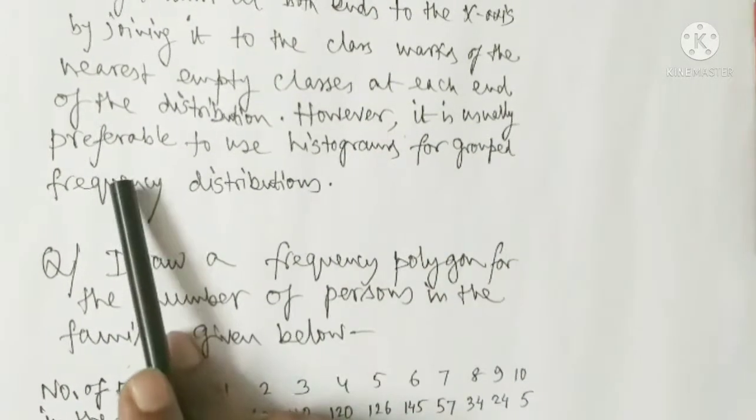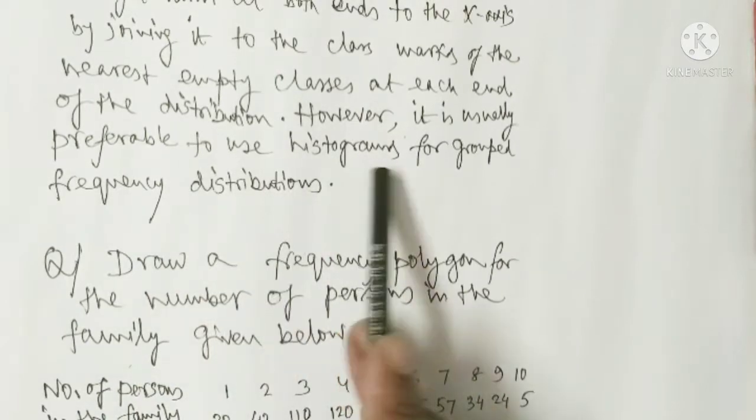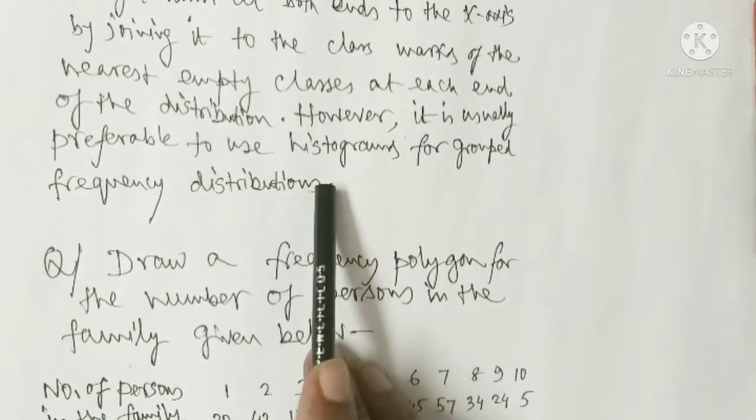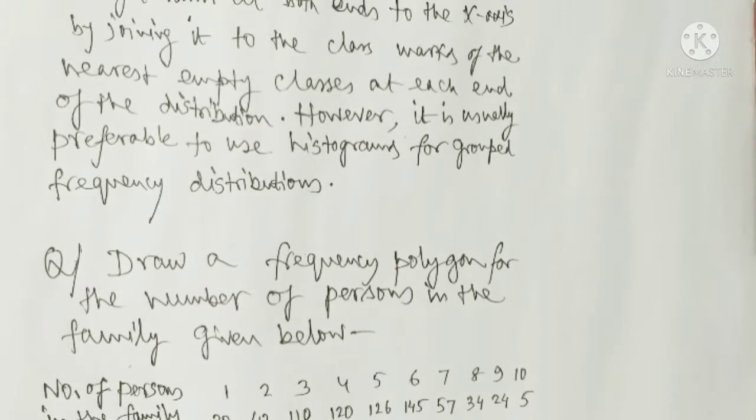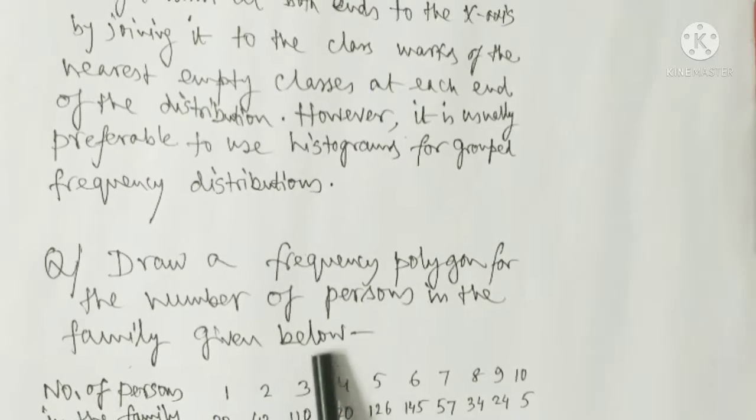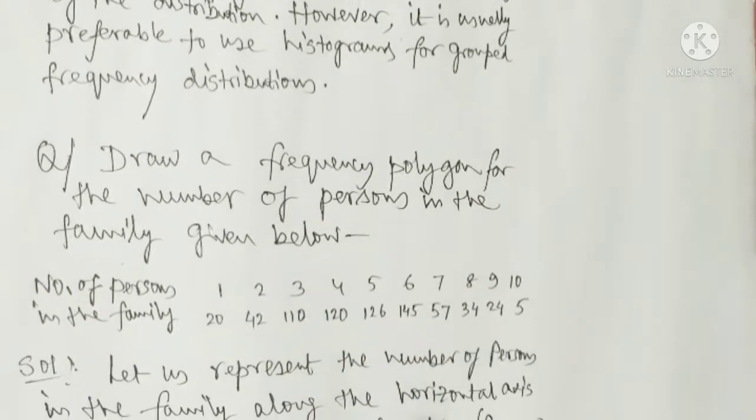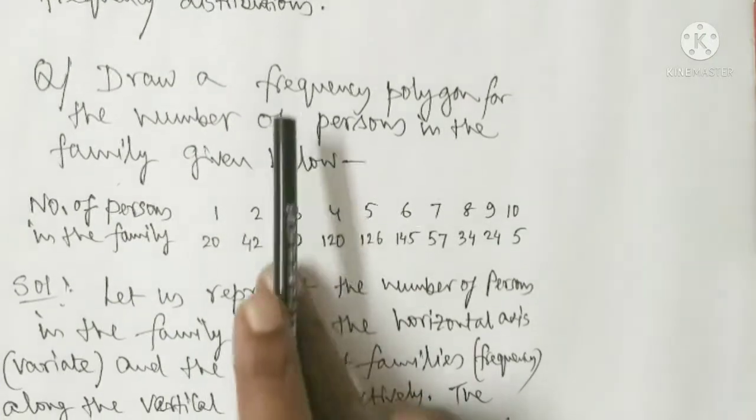However, it is usually preferable to use histograms for grouped frequency distribution. Whenever we consider grouped frequency distribution, instead of a frequency polygon, a histogram is more accurate and more appropriate. Now we present a problem regarding frequency polygon.